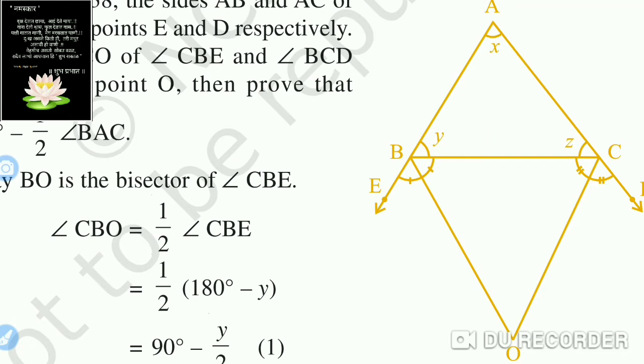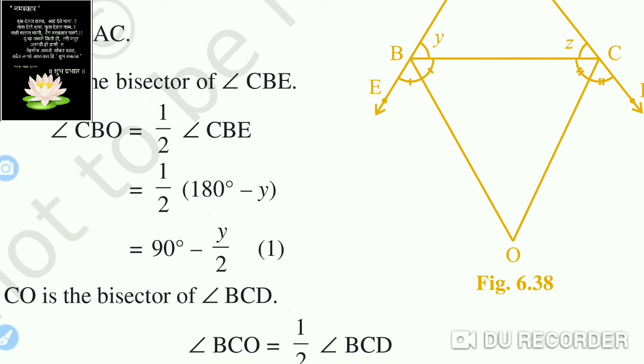Now instead of CBE we can write 180 minus Y, because CBE plus CBA are angles in a linear pair. So if we multiply 1 half into the whole bracket, 1 half into 180 is 90, 1 half into Y is Y by 2. So this is the first statement. Measure of angle CBO is equal to 90 minus Y by 2.